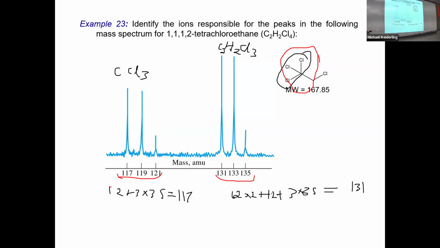So those are already there. 12 plus 3 times 35, that's 117. 12 times 1 plus 1 times 2 plus 3 times 35, that's 130.